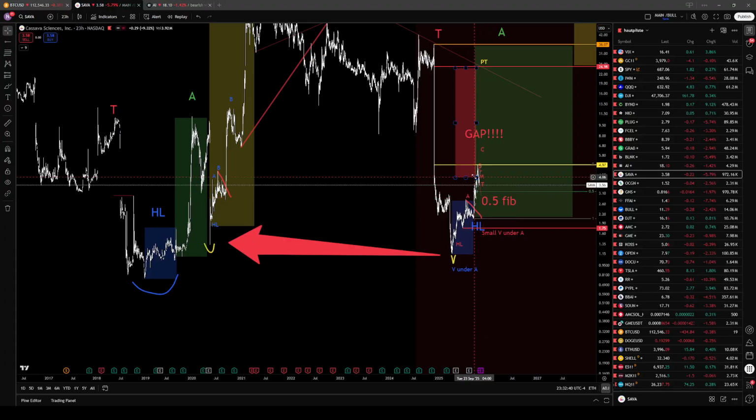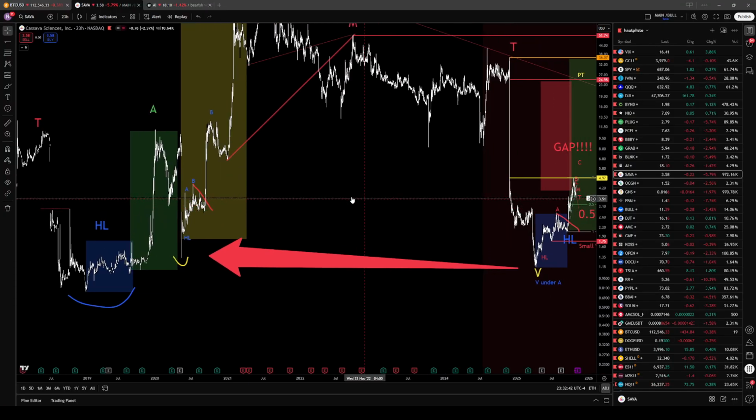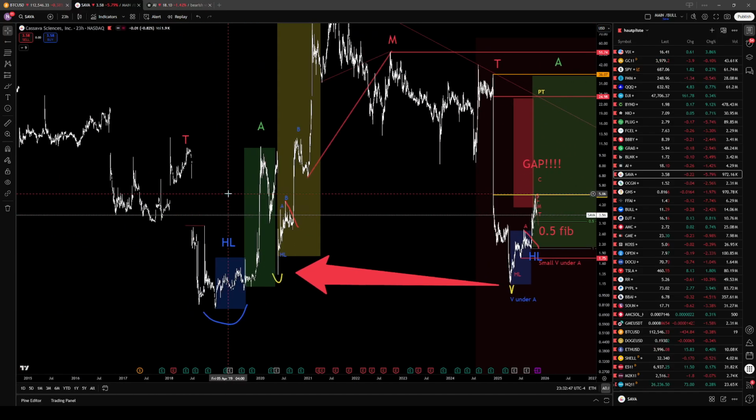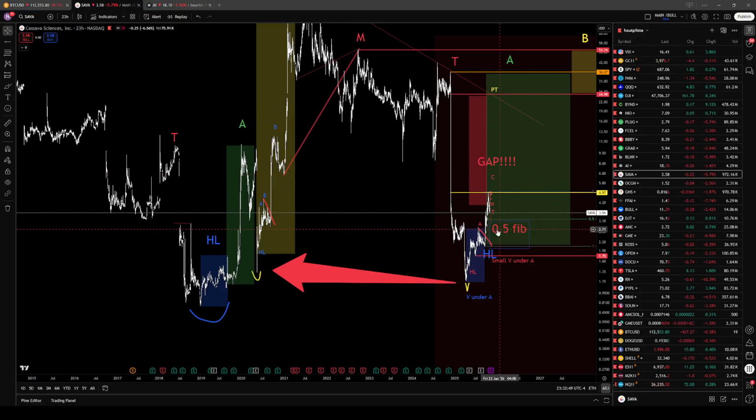If we're just doing this pullback, I'm still thinking we are in this candle here right now, and the gap fill is coming this year.